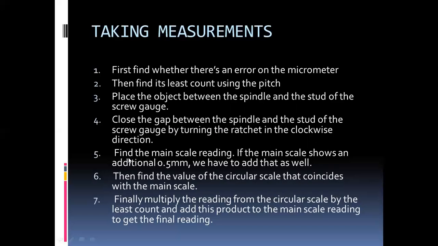Fifth point, after adjusting the object, we will find the main scale reading. Then we will find the value of the circular scale which is coinciding with the main scale. And then the seventh step, we multiply the reading from the circular scale by the least count and add this product to the main scale reading. Now, how to do it practically?